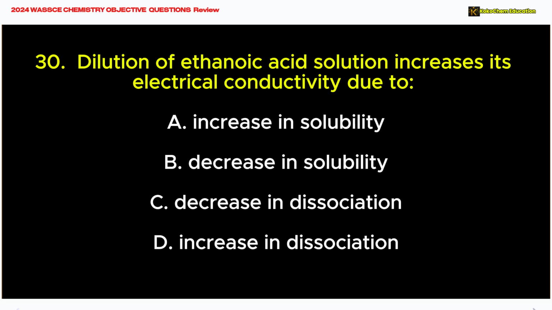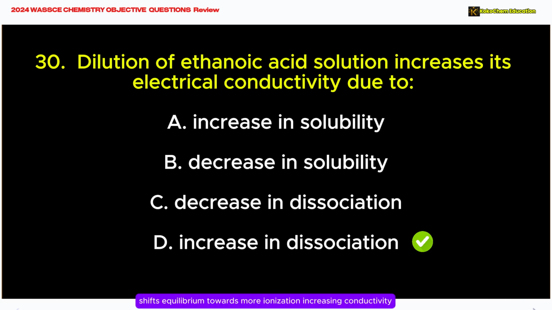D. Increase in dissociation. The correct answer is D. Increase in dissociation. Explanation: diluting a weak acid like ethanoic acid shifts equilibrium towards more ionization, increasing conductivity.